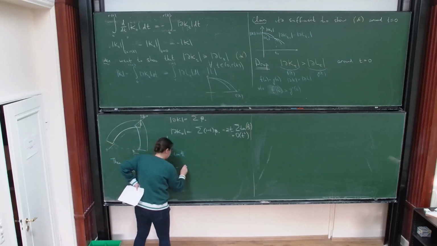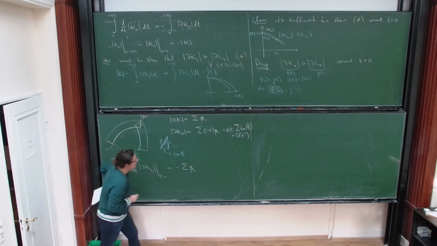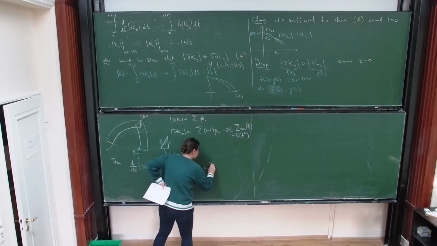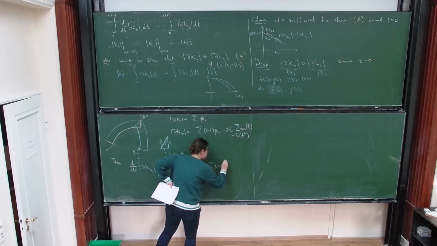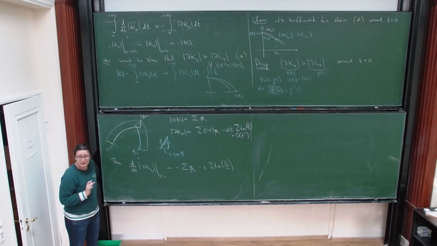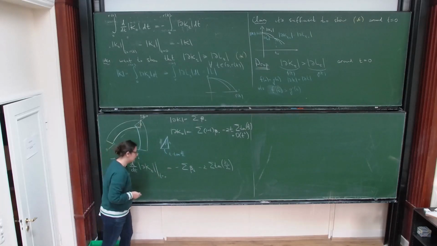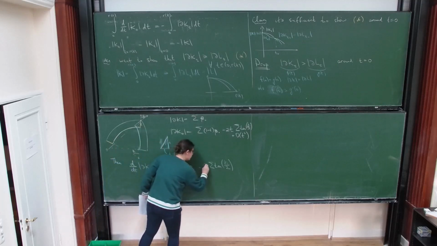From this term, I have minus the sum of beta i's, and from the second term I have minus twice the sum of tangents. The tail disappears, at 0 it's 0. The tail contains all the terms of higher order. So this is my expression.